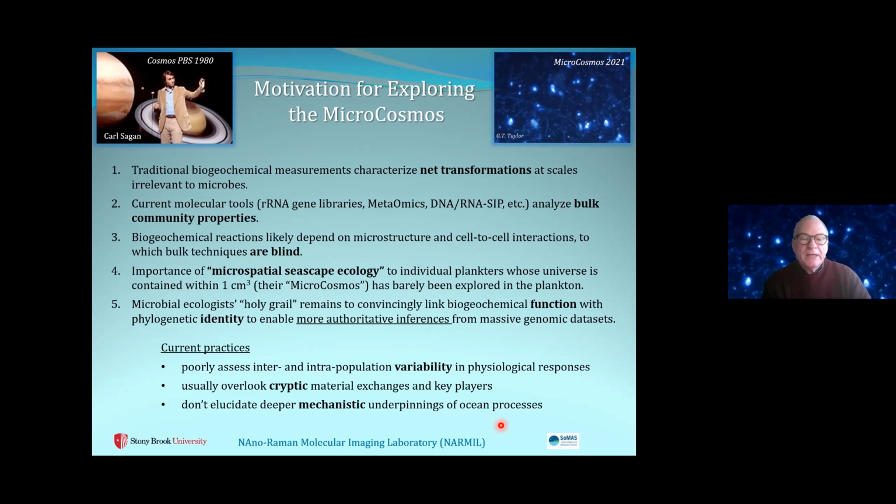So current practices, to sum up, largely assess inter- and intrapopulation variability and poorly assess physiological responses. Cryptic exchanges are overlooked. Key players are often not recognized. And many of the techniques that we use don't really allow us to delve into the mechanistic underpinnings of ocean processes. So we're searching for tools that allow us to do that more effectively.